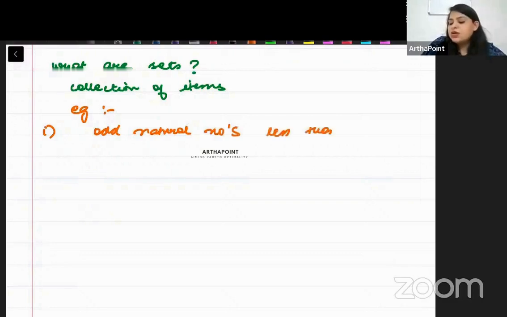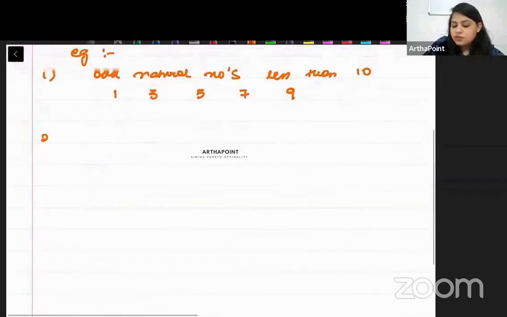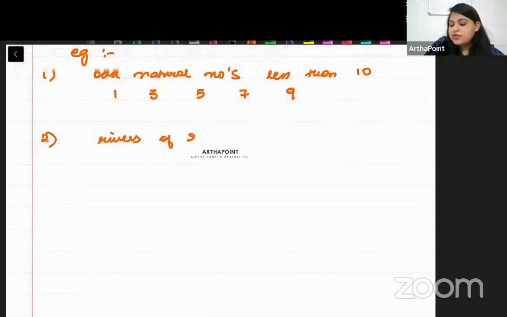This became a set, right? What are the odd natural numbers less than 10? 1, 3, 5, 7, 9. So these odd natural numbers which are less than 10 are a set. Let me take another example, beta. A collection of rivers of India. Can you name some rivers? Ganga, Yamuna, Brahmaputra.